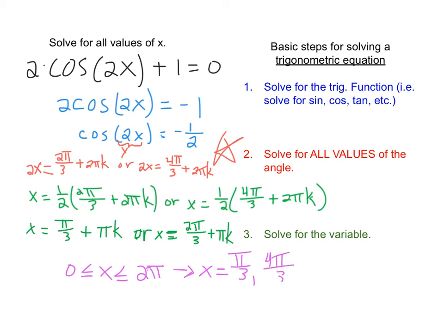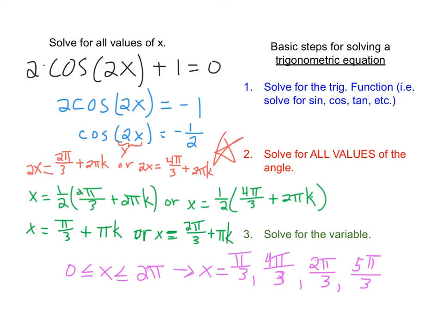And if we add pi to that, we're out of range because that would be 7 pi over 3. So let's then come over to the 2 pi over 3 answer. That's certainly one of them. And then if we add pi to that, we'll have 5 pi over 3. And if we add another pi to that, we'll be at 8 pi over 3, and that would be just a bit too far. So we actually end up with 4 answers here between 0 and 2 pi.